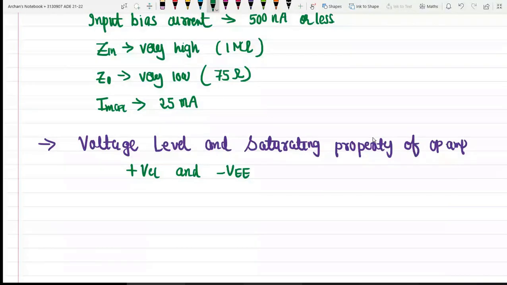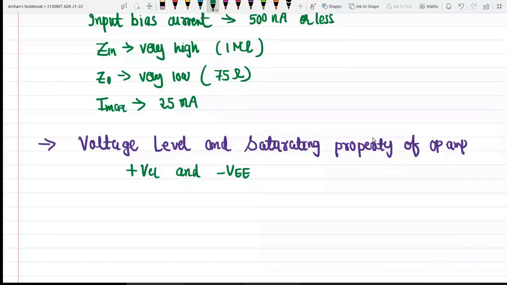This supply voltage level will decide the maximum output voltage of the operational amplifier. Practically, the op-amp output will saturate at a voltage slightly less than the supply voltages plus VCC and minus VEE. Thus, the output voltage of the op-amp can be driven to within 1 volt of plus VCC and minus VEE before the output saturation takes place. And this is called the saturating property of the operational amplifier.